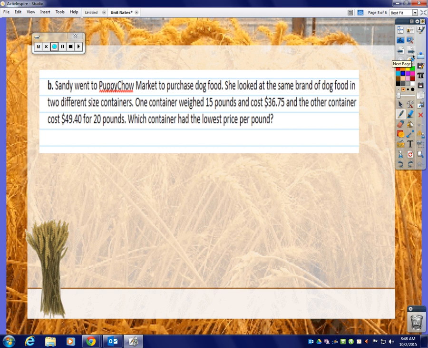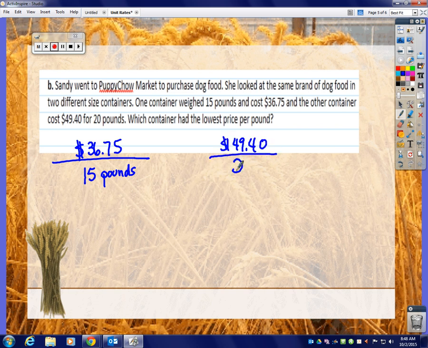Now remember, on B, this is a unit price. You want to put your money on top, so you're going to set it up $36.75 per 15 pounds. Then you'll do the same thing: $49.40 divided by 20 pounds.